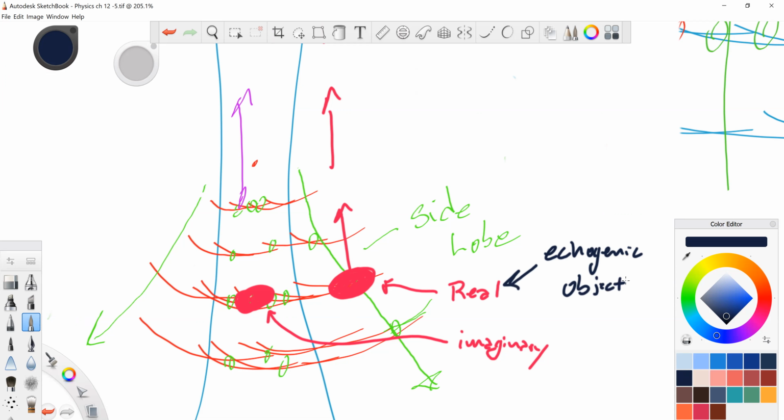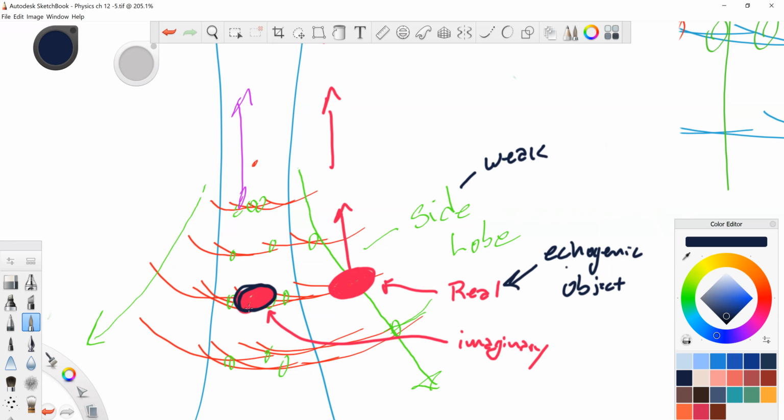Because if this were a hypoechoic structure getting hit by a weak side lobe beam, the echo never would have made it back. So it's a combination of side lobe and echogenic structure outside the main beam that produces an echo, and the machine thinks it's here rather than where it really is.